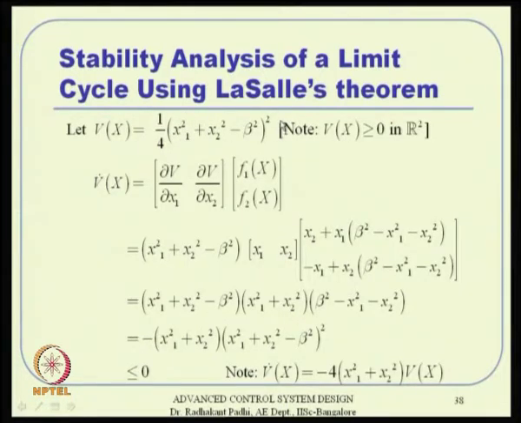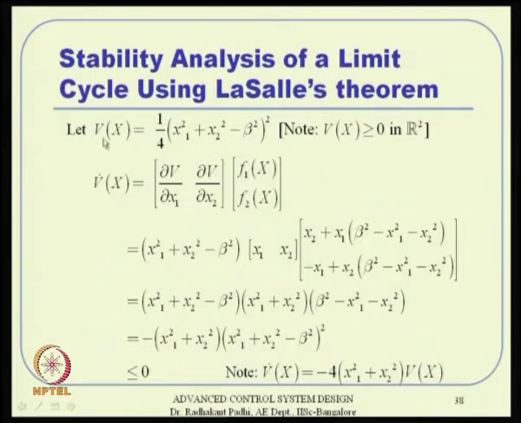Obviously, this happens to be positive semi-definite in R square. That is okay, because LaSalle's theorem does not demand that V of x is positive definite, it just needs to be continuously differentiable. Even though we can call it a Lyapunov function, it is really not a Lyapunov function candidate, it is just a function candidate to which we want to apply LaSalle's theorem.